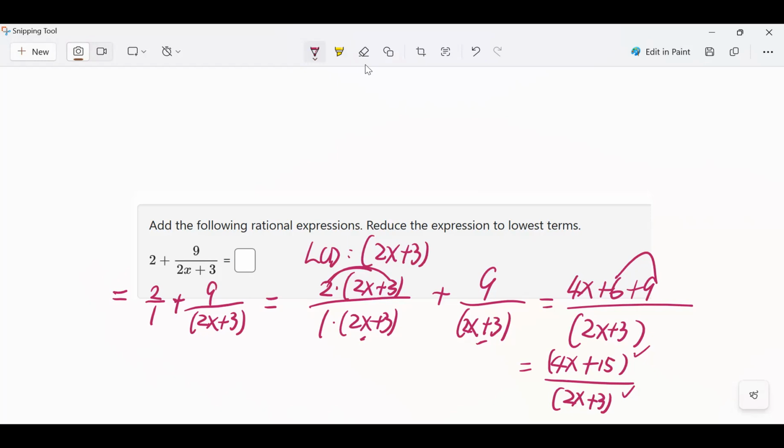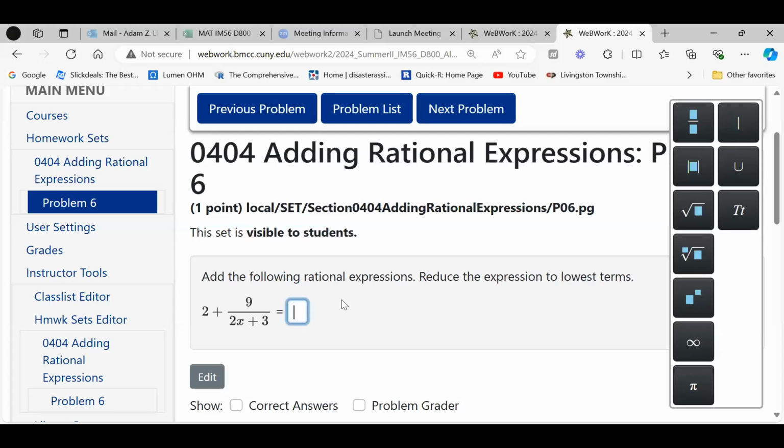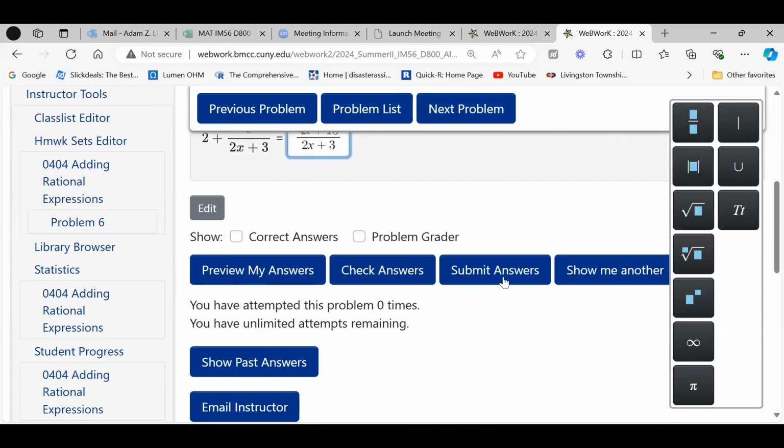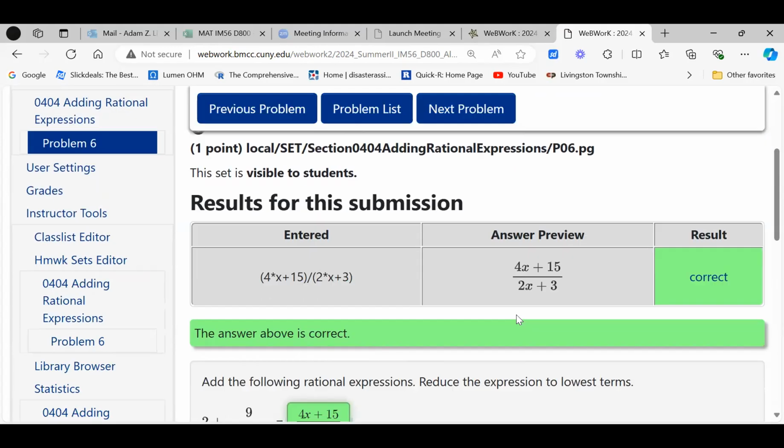It's a slightly different approach to this, but we still use LCD, no doubt. So 4x plus 15 over 2x plus 3. Okay. And check it. It's good.